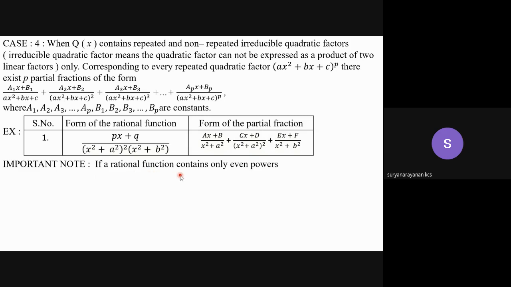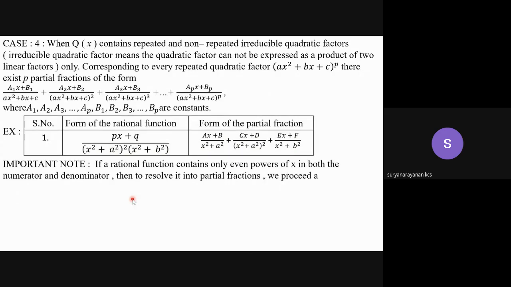If a rational function contains only even powers of x, in both the numerator and denominator, then to resolve it into partial fractions, we proceed as follows.